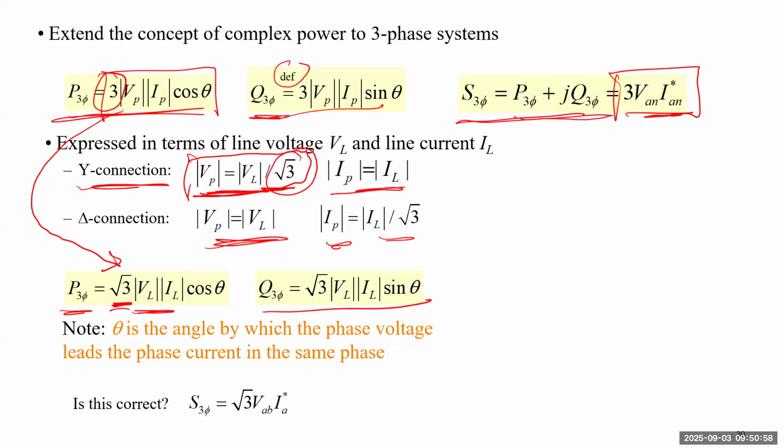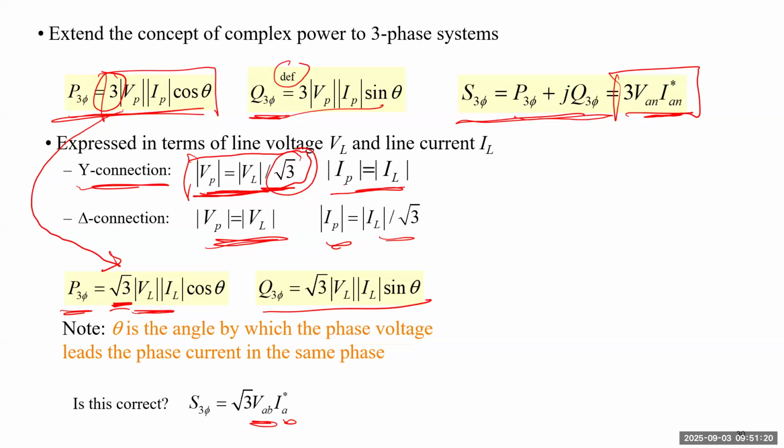Sometimes when you measure line-to-line voltage, you may be measuring the voltage between phase A and phase B, and when you measure the line current, you may pick line A. You have the waveform, and from the waveform you can get the phasors. Some devices can directly give you the phasor, both magnitude and angle.